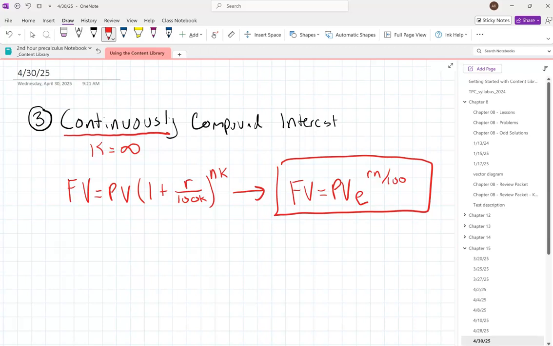PV, still present value. R, still interest rate as a percentage. N, still number of years. E is that irrational number that we've talked about before, right? And I forget what the decimal approximation is, like 2.7 or something. Yeah, 2.718 or so.